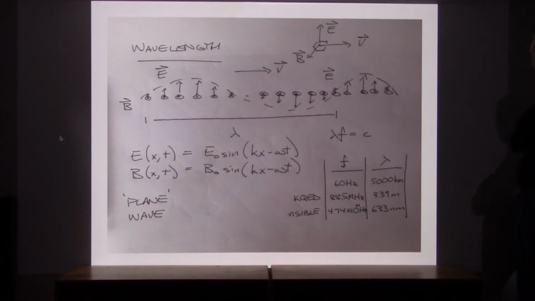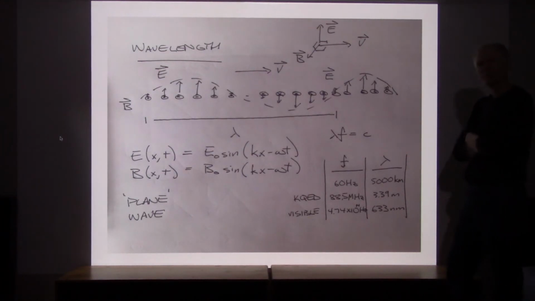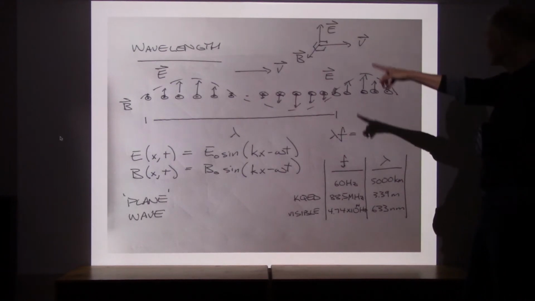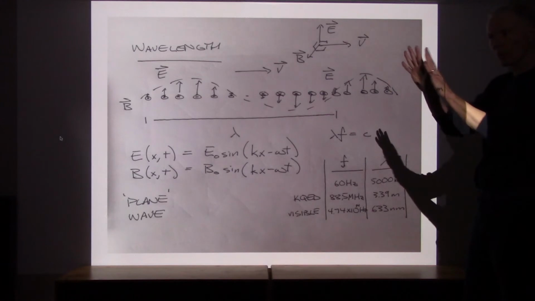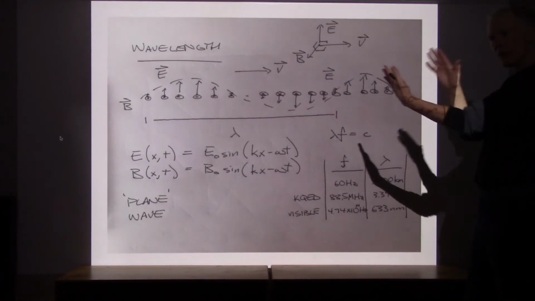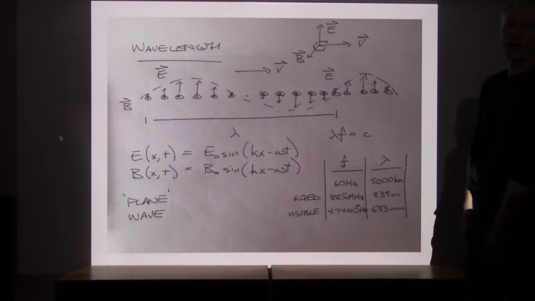And again, following that same formula, it says that the wavelength is 3.39 meters. So if I'm looking at that pattern of how the electric and magnetic field varies from one location to the next, every 3.39 meters, it's a repeating pattern.